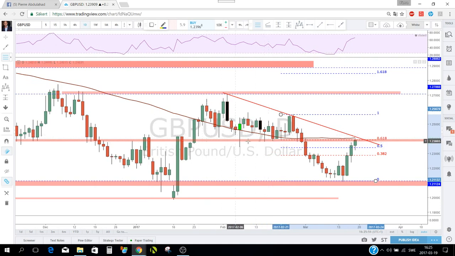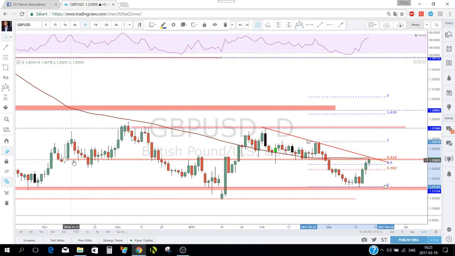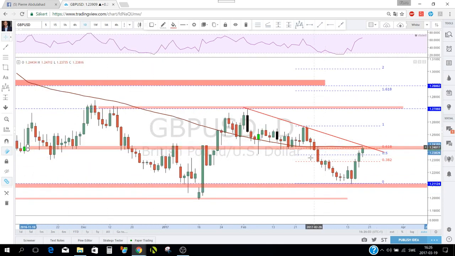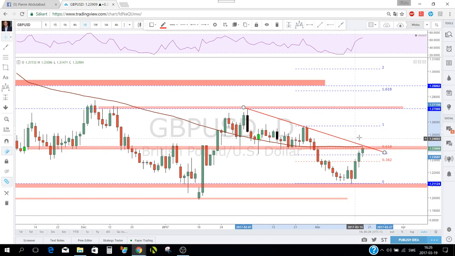We also have this whole structure here that I'm expecting to at least see some reaction to the downside, and at the same level we have the 100 moving average, and maybe this trend line that is not confirmed yet, because this is one touch, two touch, and we may count this as the third touch. With all those reasons at the same level, we also have a hidden divergence on the RSI.